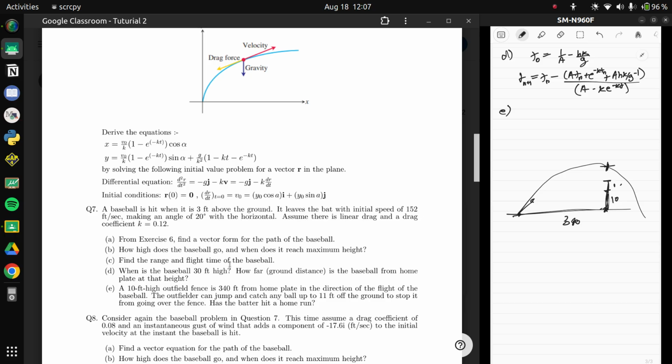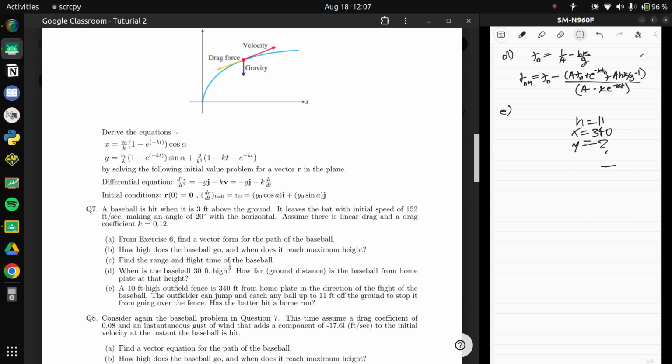Let's just call this x. And so y must be bigger than 11. Let's call this thing h. H is 11, x is 340, y is what? That's the question.